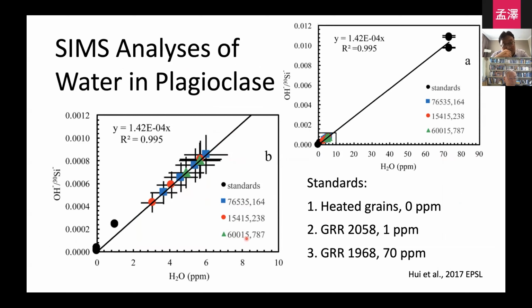The plagioclase grains from these three samples contain water content from about 3 to 6 ppm. These results are consistent with our FTIR analysis.